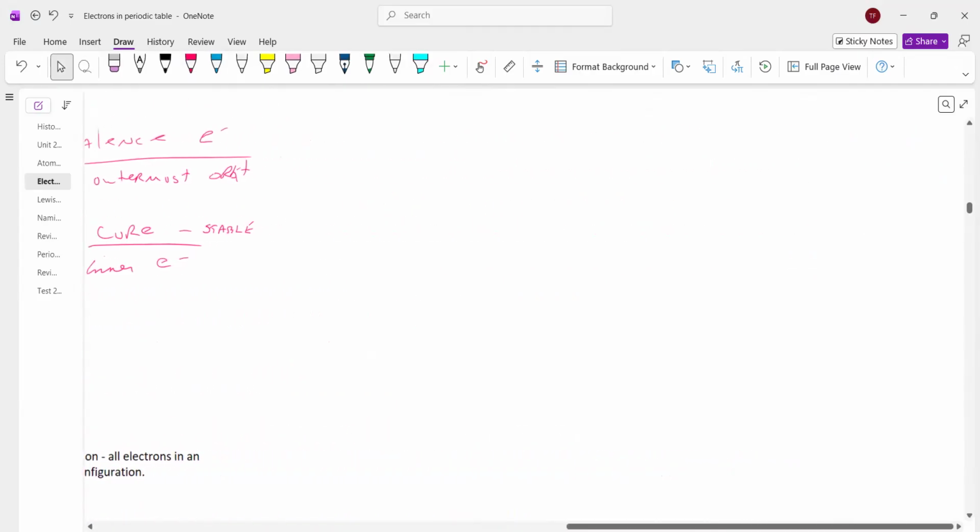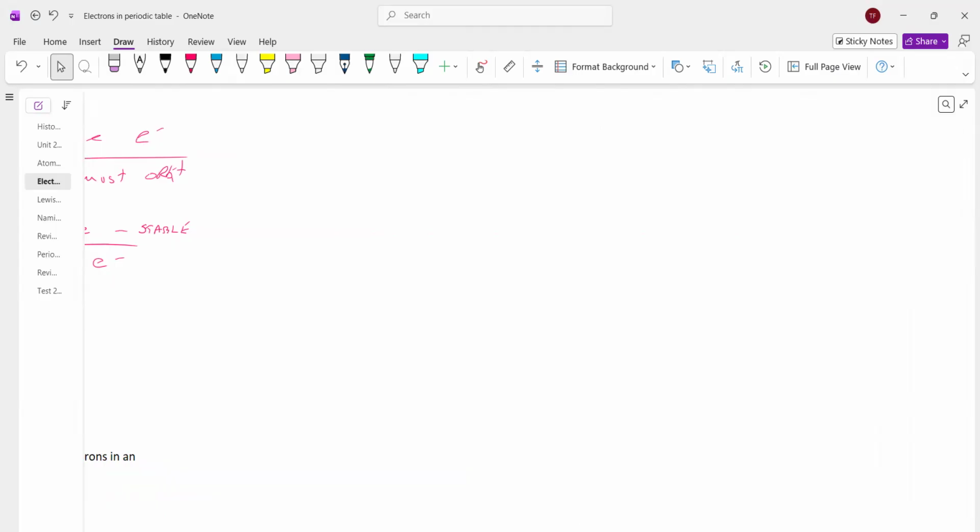Okay, so let me give you another example. I'm going to do uranium for you. And you don't have to write this down unless you want to. But okay, this is what uranium looks like. And remember, 92 electrons.